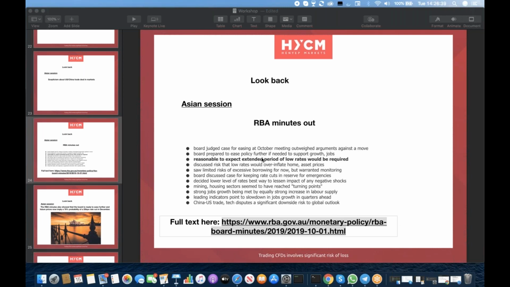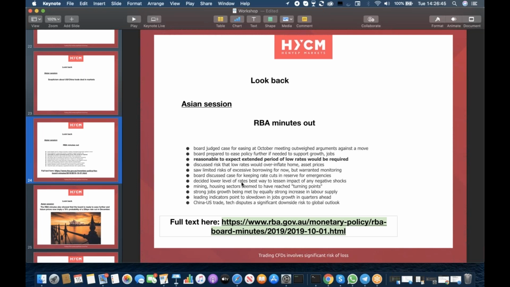Now, the RBA minutes themselves have a number of different points which I've detailed here, but what was key was that it's reasonable to expect an extended period of low rates being required. Obviously, China-US trade disputes are a significant downside risk to the global outlook.